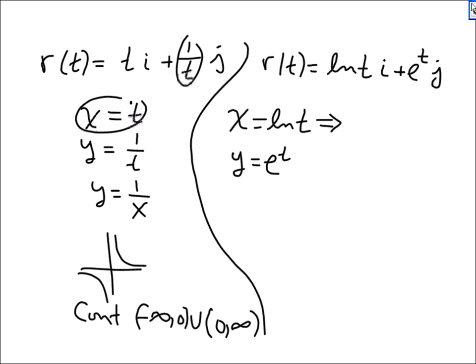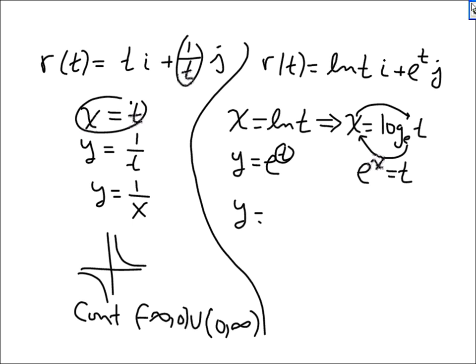To get rid of t, remember ln is shorthand for log base e. e to the x equals t. So y is equal to not e to the x, but e to the e to the x.